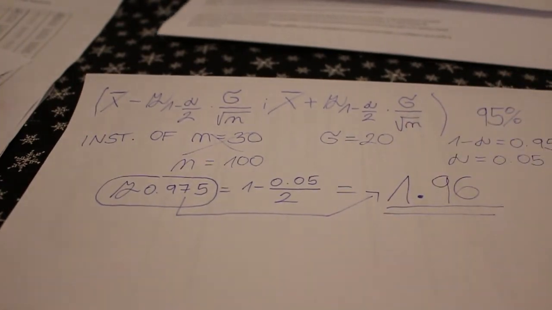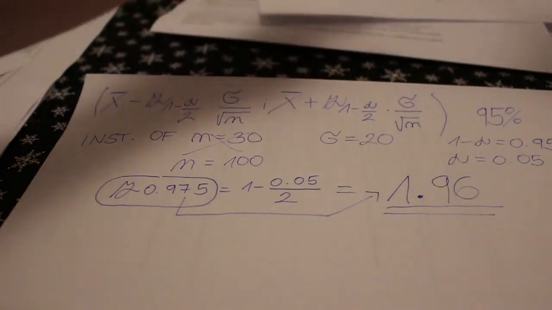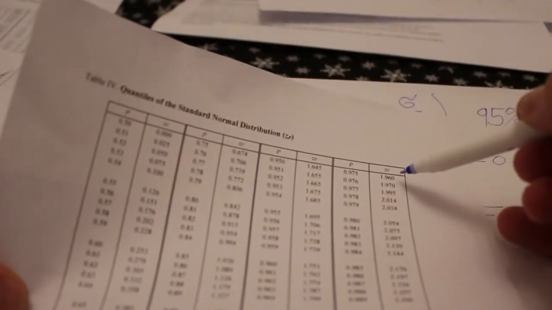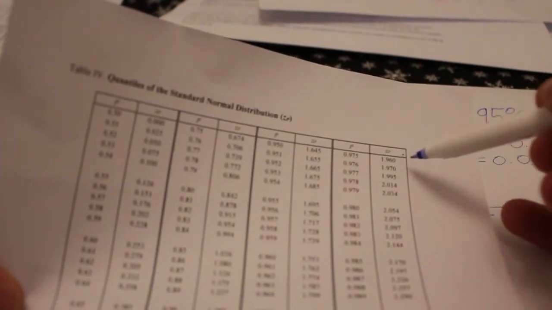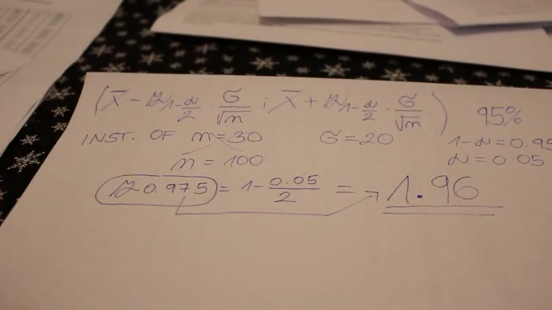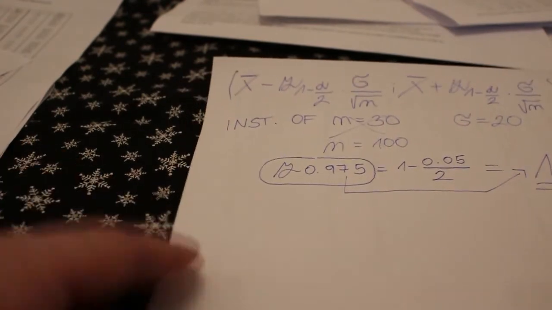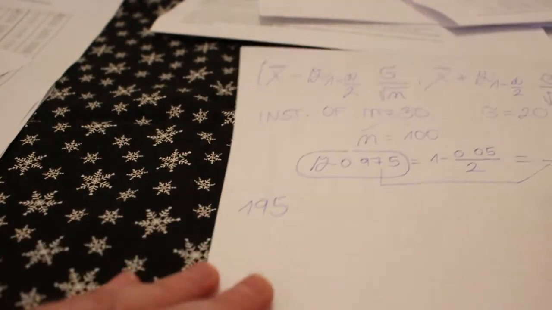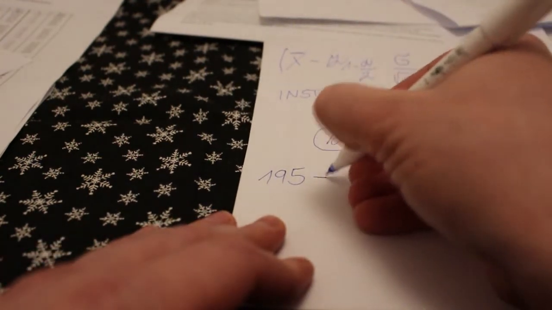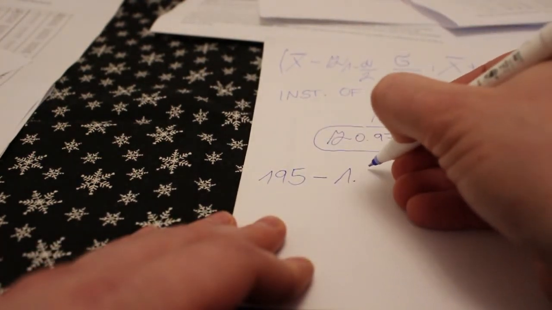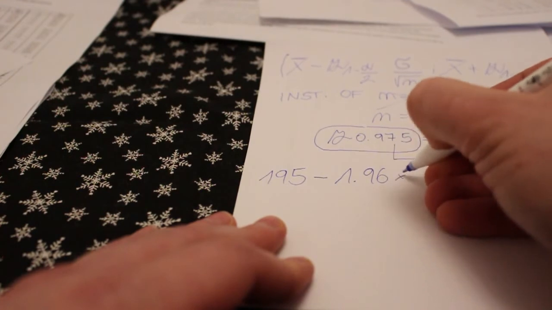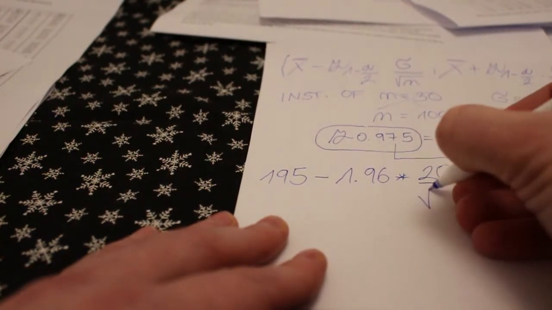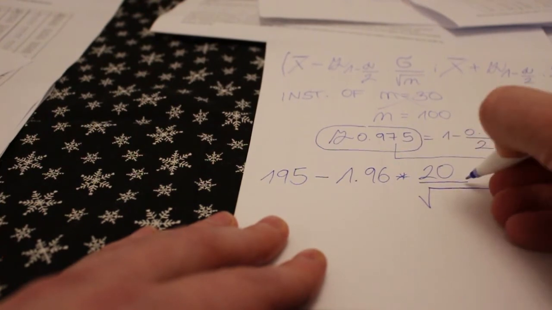In your tables here, that P is 1.96 here. Okay, so where is the difference? The mean 195 days, yes, minus 1.96 times 20 divided by, and there is the difference, square root.